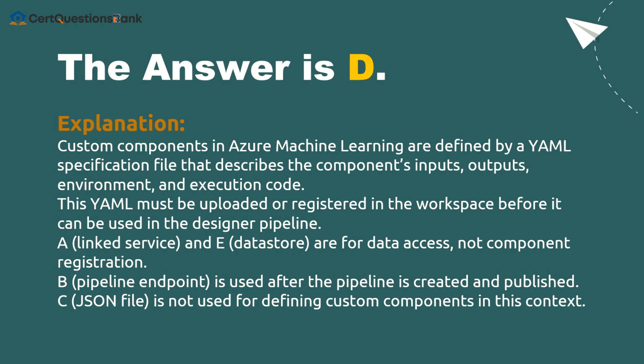A, linked service, and E, data store, are for data access, not component registration. B, pipeline endpoint, is used after the pipeline is created and published. C, JSON file, is not used for defining custom components in this context.